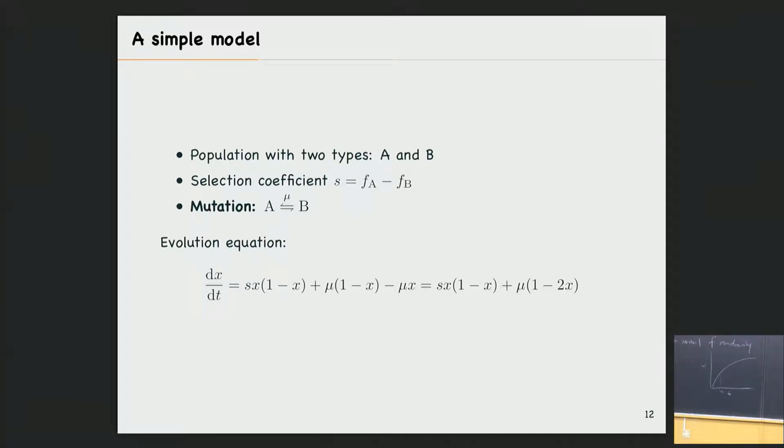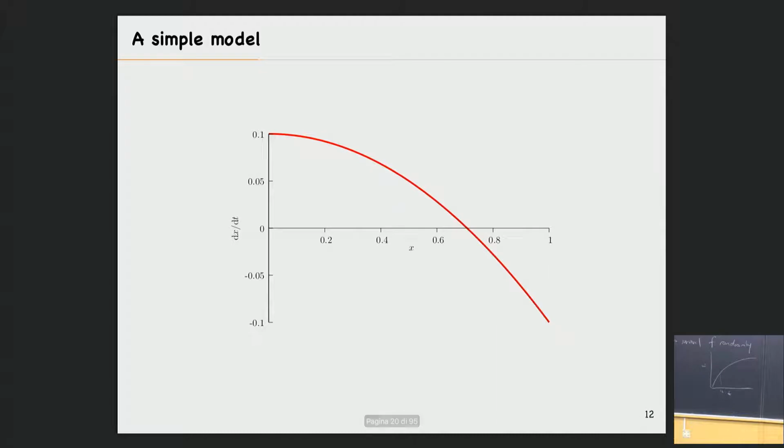And so out of that you get this form here, and what you see is that this is the derivative of X with respect to time. This is X, and you find a curve that has a fixed point somewhere. That means that because of mutations, you now always have what is called a polymorphic population, because selection and mutation balance.